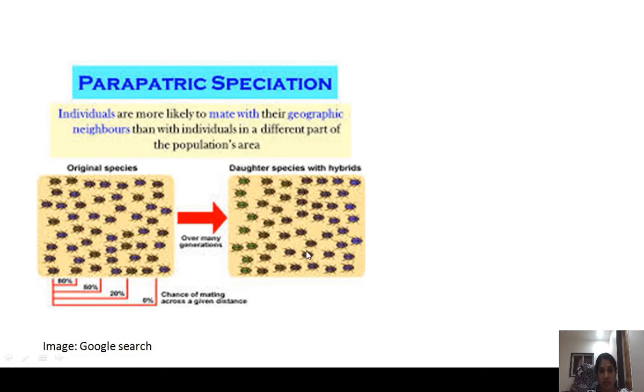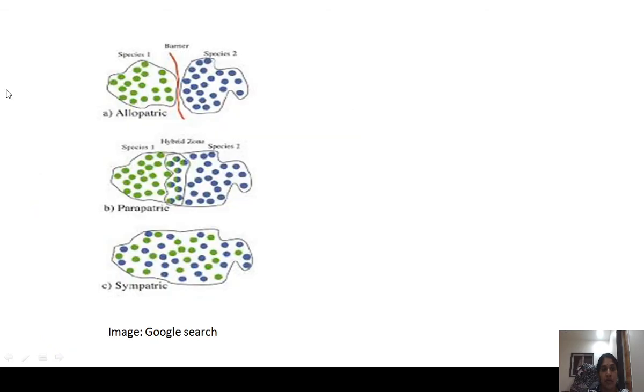So here in parapatric speciation there is gene flow, that is, alleles from one population are transferred to the neighboring population. You can see the diagram here.